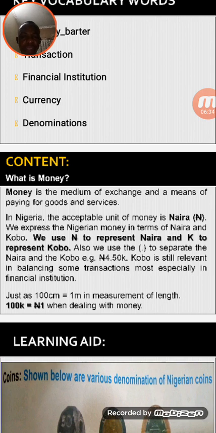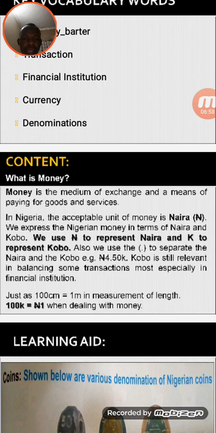We express the Nigerian money in terms of naira and kobo. You can see that sign, to represent naira, and you can see that sign again to represent kobo.